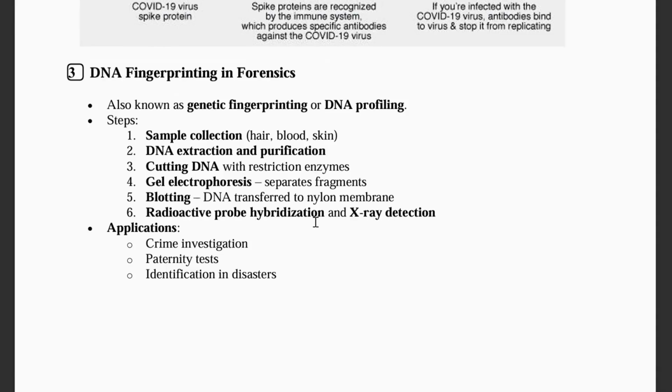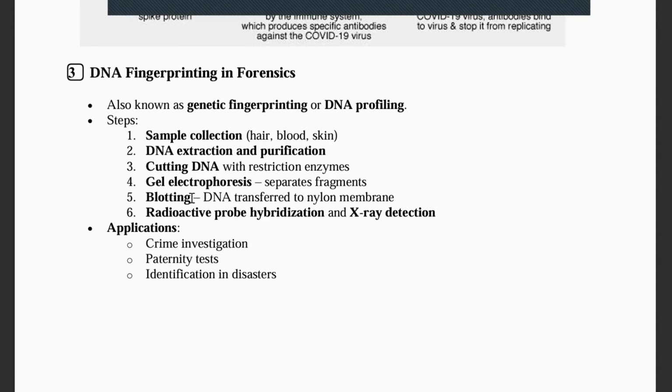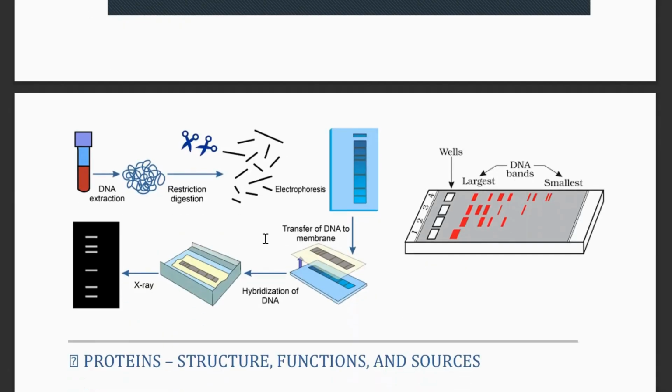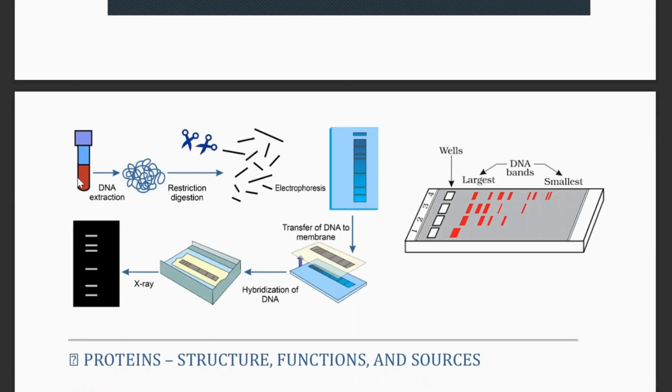Radioactive probe hybridization is done, and X-ray detection. Application here: we use it in crime investigation, paternity test, identification in disasters. So I'll explain the process. Here DNA is extracted, restriction digestion is done, that is cut into fragments. It is put into the electrophoresis, that is expanded here.